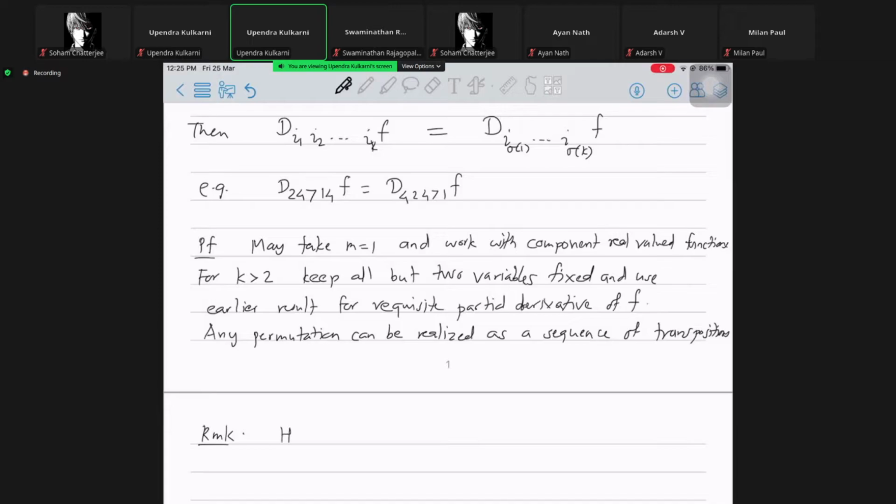So for a Ck function, the question is, how many different sequences of k partial derivatives are equal by the above result?